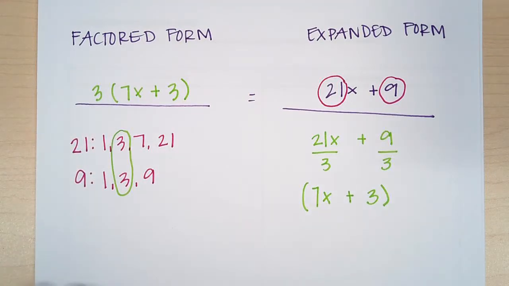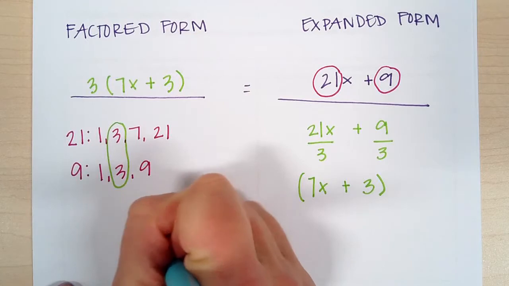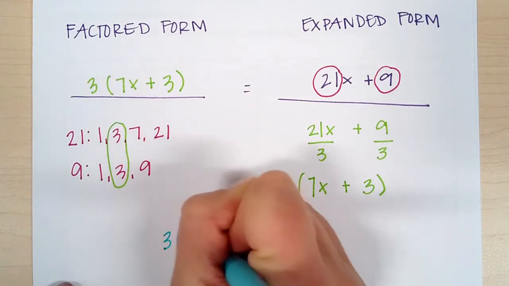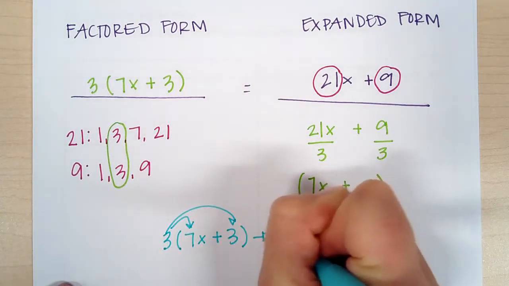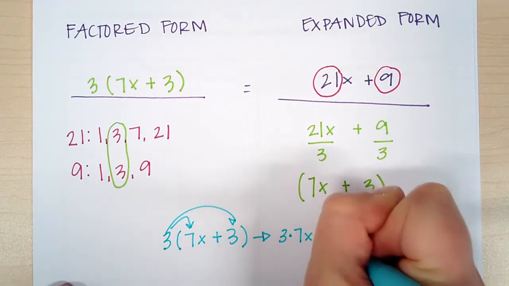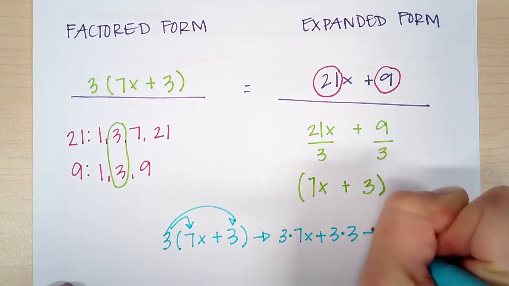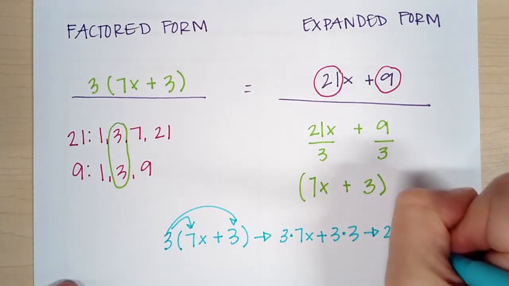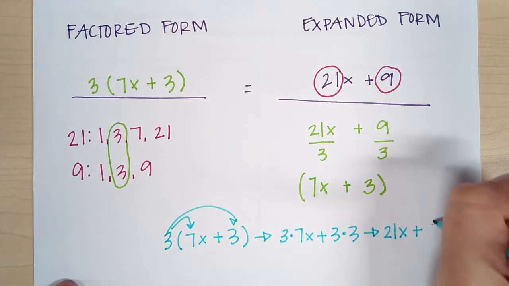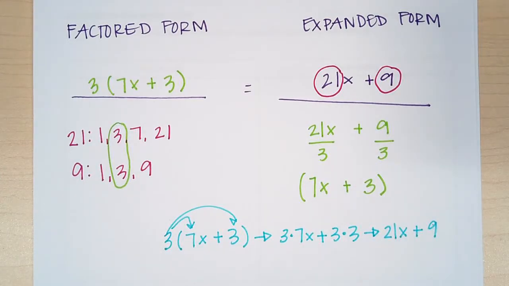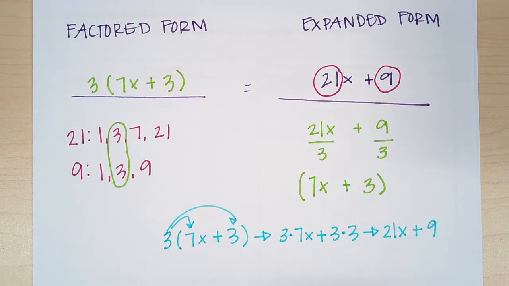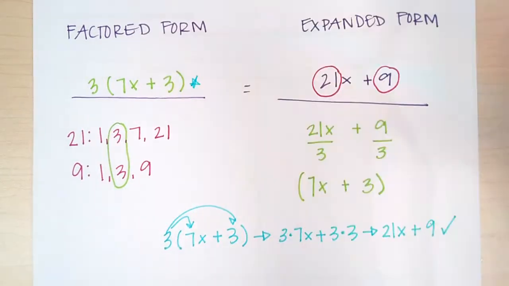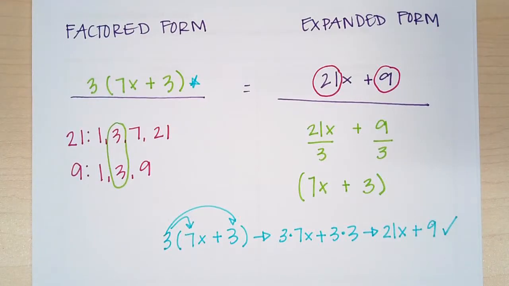So I do that by taking my new factored form, 3 times 7x plus 3, and I distribute. 3 times 7x plus 3 times 3. 3 times 7x is 21x plus 3 times 3 is 9. This matches our original expanded form. So, yep, we're correct. And we are done with this problem.